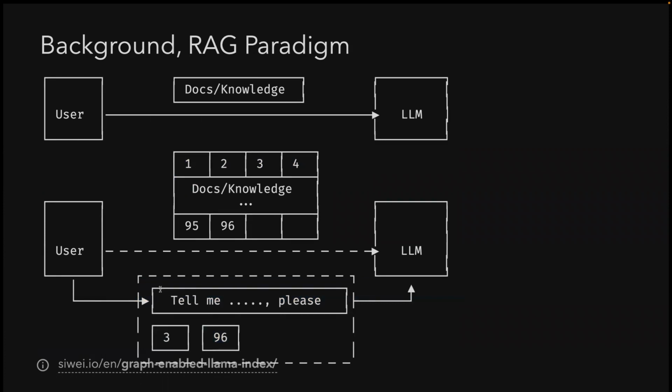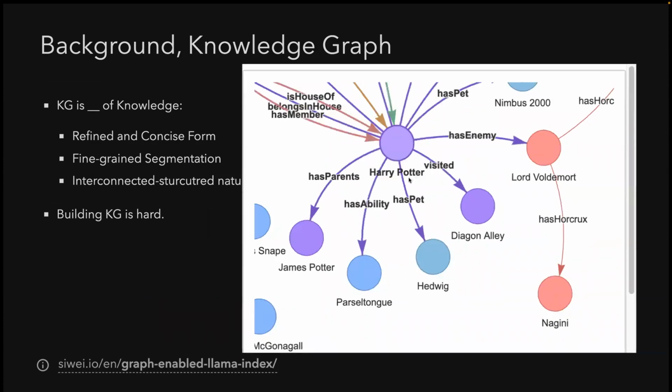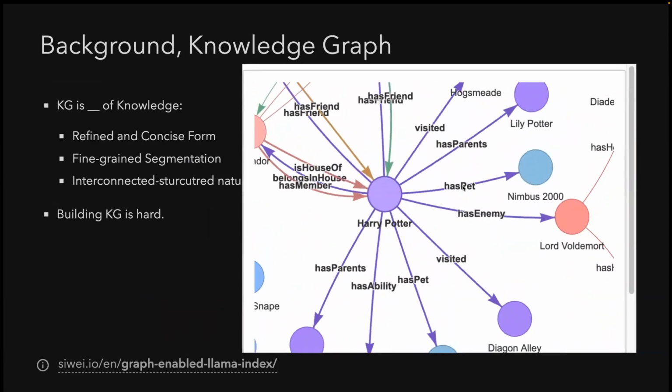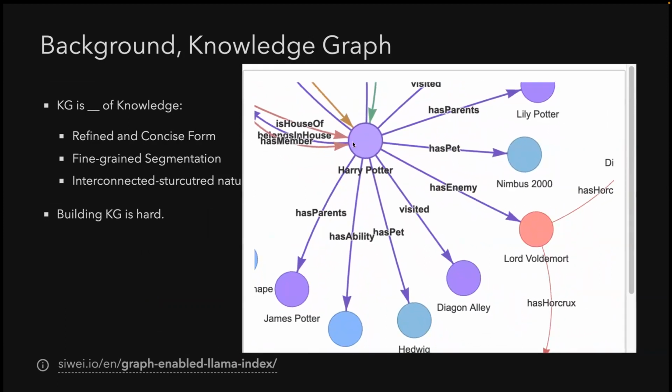As graph guys, we were playing with graphs every day. Our intuition here is that we are dealing with knowledge, and a knowledge graph is a refined form of the data.